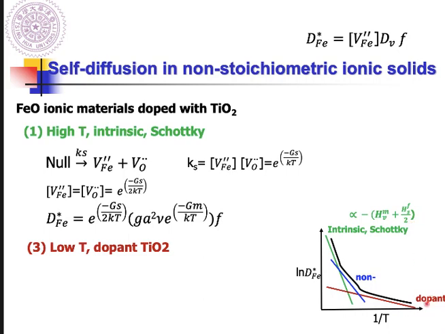Then how about the diffusivity of iron ions at the dopant dominant regime? As you learned before, when you dope titanium dioxide into iron oxide, the titanium has 4 positive charge and occupies the site of the iron with 2 negative charge. So 4 minus 2, you have 2 additional positive charge here.